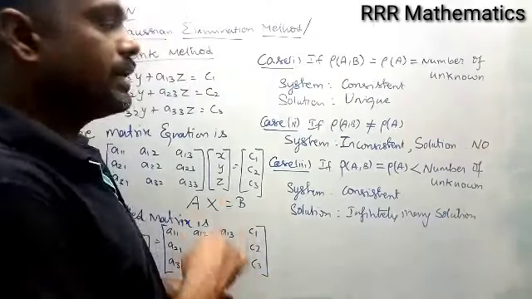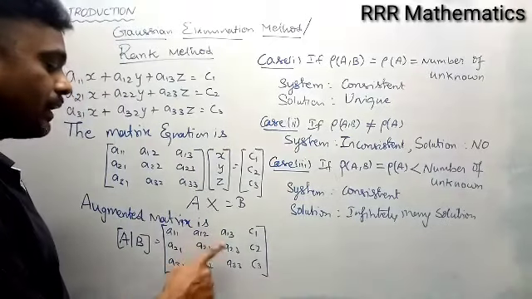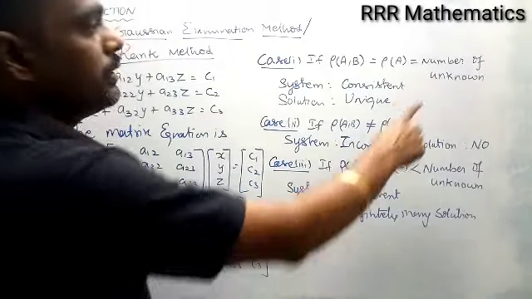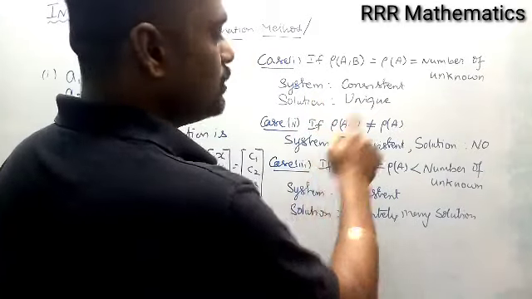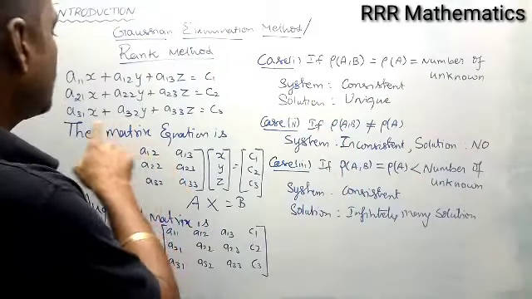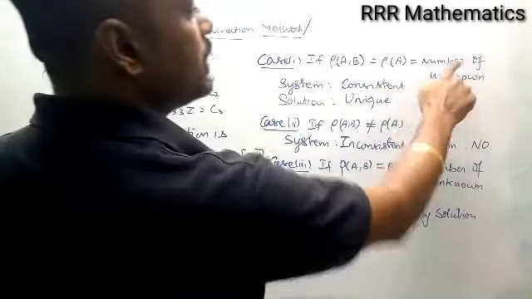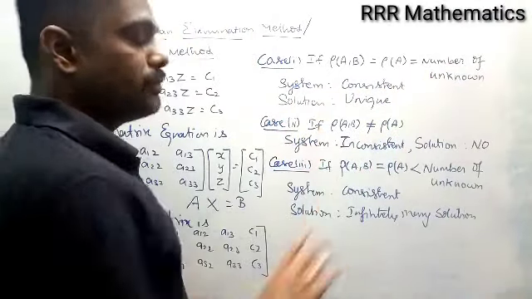So listen, case 1. The rank of (A, B) and rank of A are equal to the number of unknowns, meaning the number of variables. System consistent, unique solution. In this case, rank of (A, B) is 3, rank of A is 3, number of unknowns is 3. So the system has a unique solution.